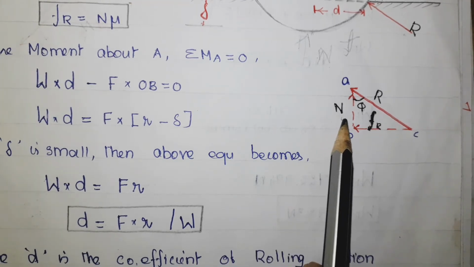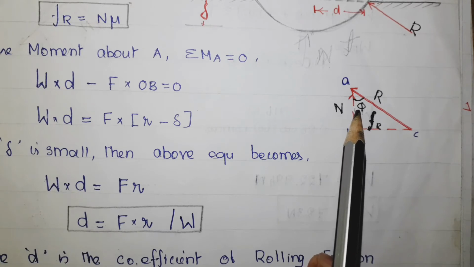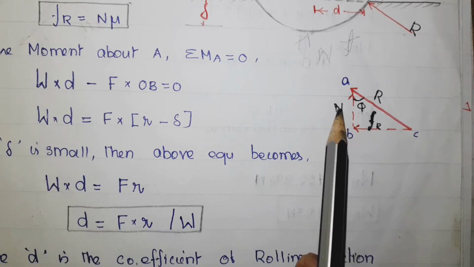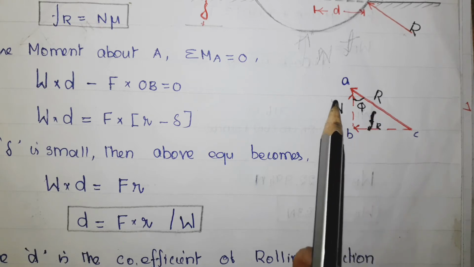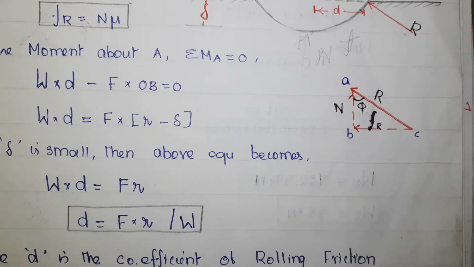And we know that here φ is the friction angle, which is the angle between this normal reaction and this R. Now I am going to consider this triangle ABC.